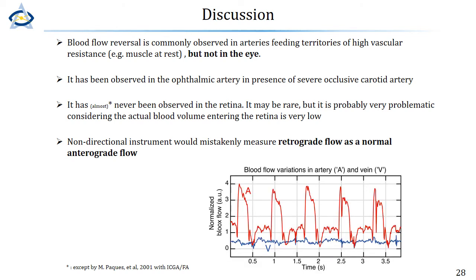So it means that the blood flow value might be found normal, and even the resistivity index, which is calculated as the value at systole minus diastole normalized by systole, would maybe be found normal also, despite the actual vascular resistance being very high.